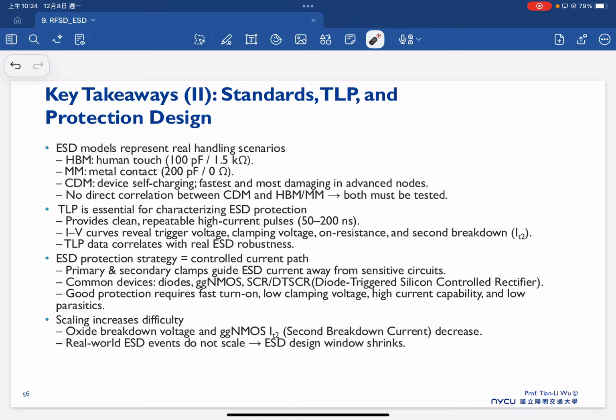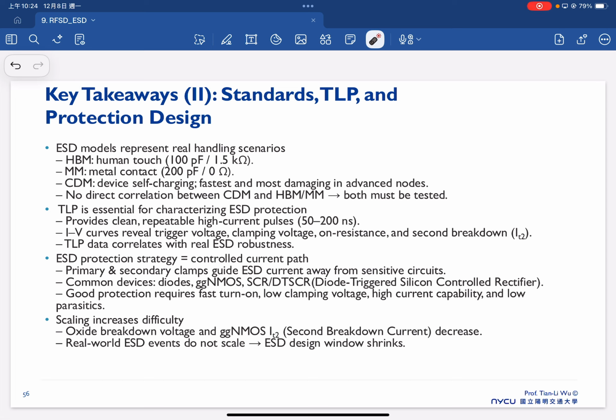And for the future, scaling increases the difficulty of our ESD protection. For example, the oxide breakdown voltage is getting lower, and the second breakdown current for the GGMOS also decreases because our device cannot handle such high current. The cell pitch is reduced, thermal density is increased, and therefore it's easy to get a thermal-related hard breakdown.